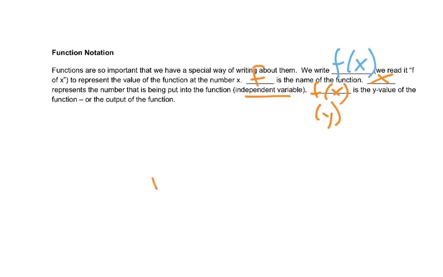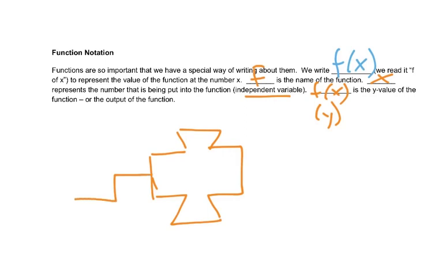So it's a little bit like we have a machine. Okay, functions are just rules or machines. And the machine is called f in this case. You put in an x, and you get out f of x or y. So here, when it says f of 3, it's telling us that x is equal to 3.